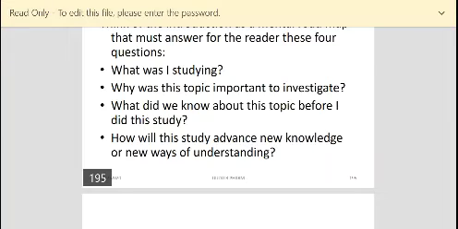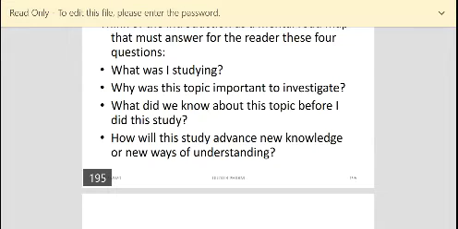Why was this topic important to investigate? Your introduction part must write why, or it must show the importance of conducting such a study.